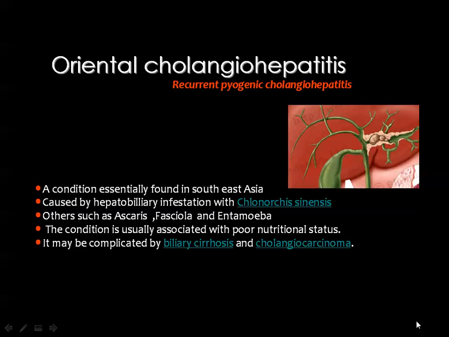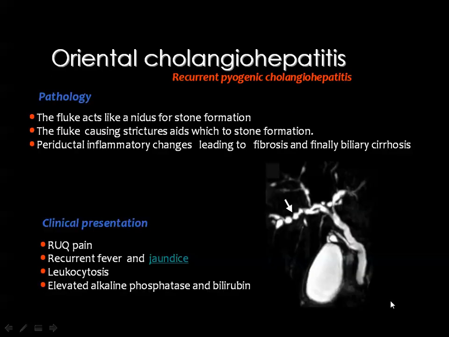According to the literature, oriental cholangitis is essentially found in Southeast Asia and is caused by infestation with a hepatobiliary parasite, and this parasite will initiate an inflammatory reaction, which will cause strictures and also lead to the formation of calculi inside the biliary system.